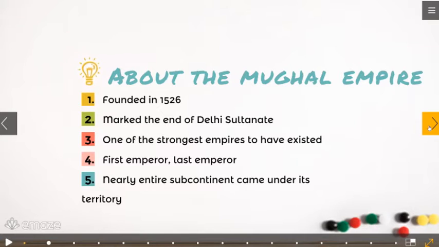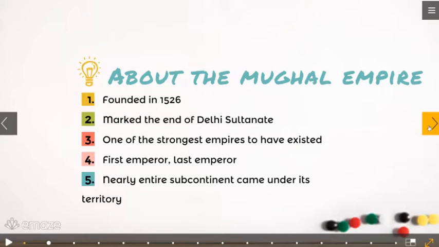Please make sure that it is not India. It is the Indian subcontinent because there are places surrounding modern day India that also came into the Mughal territory, for example, some regions in Pakistan and Afghanistan, and also other places surrounding it. It is not just India. Always make sure that you mention it as the Indian subcontinent.